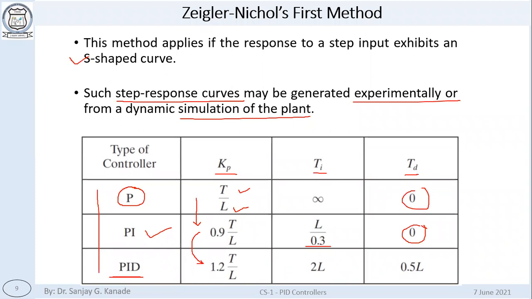We are going to get a starting point where we may already have a good controller, or we may have to make certain adjustments, and those fine tunings we have to do on the plant after getting these parameters from this method. Any questions related to the first method?